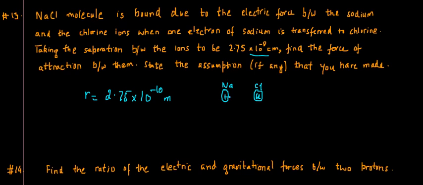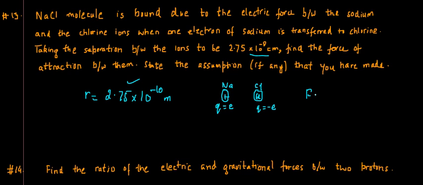Okay, and these two ions will then attract by a force of electrostatic attraction. And that force we have to calculate. The distance is already given, and we know the charge. Charge for this is plus e, and the charge gained by this is minus e. So we just have to find the magnitude.